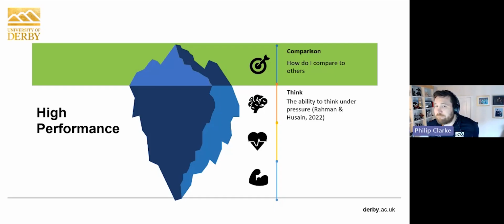So, very simply, think. The ability to think under pressure. What I mean by that is, if you've ever seen high performers, they're almost able to process what's going on in a really rational, non-emotive fashion. They're able to look at the factual components in a moment, and they're able to process and make decisions off that.